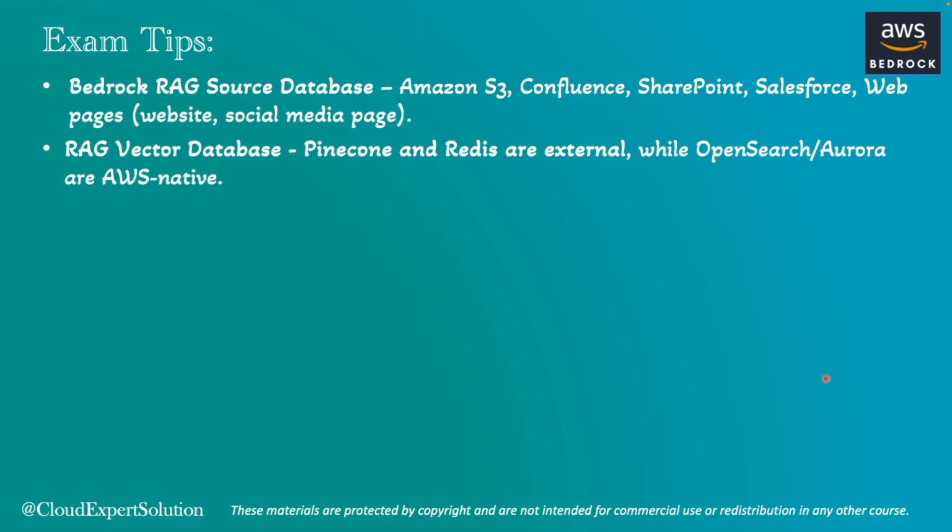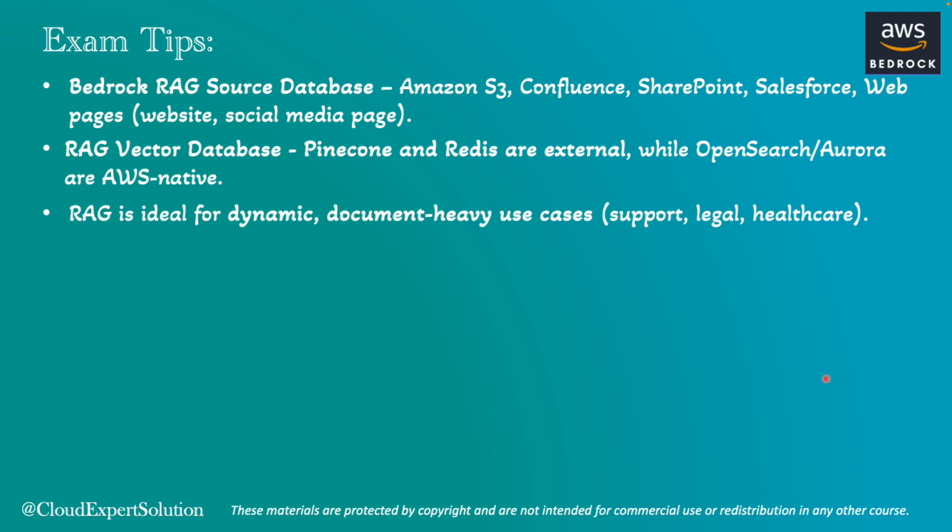Please remember that of the RAG vector databases, Pinecone and Redis are external, while OpenSearch and Amazon Aurora are AWS native. Please do not confuse Redis with ElastiCache Redis. Pinecone and Redis are external.